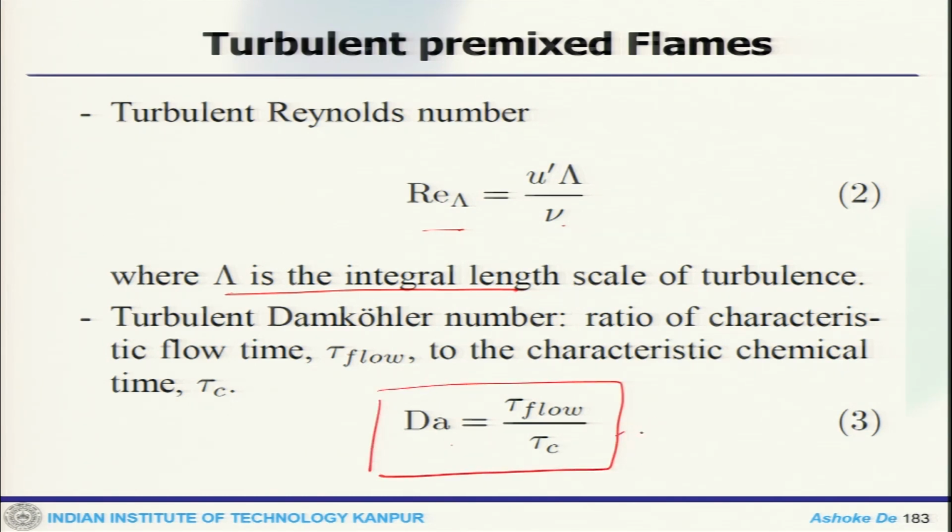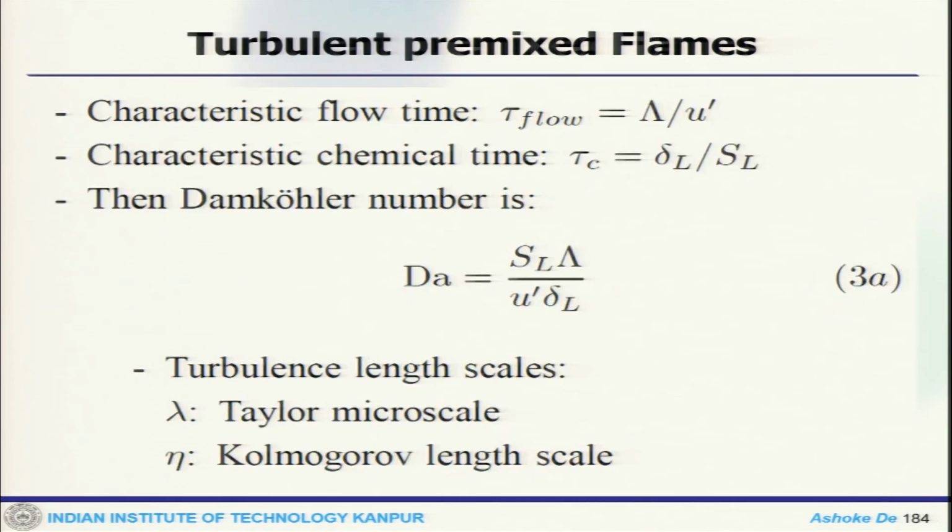This will dictate which one is dominating, whether the flow is dominating or the kinetics is dominating. Depending on that, the Damköhler number plays an important role, and one can distinguish different flame zones through that. The flow time scale would be lambda by u prime, because this is our integral length scale.